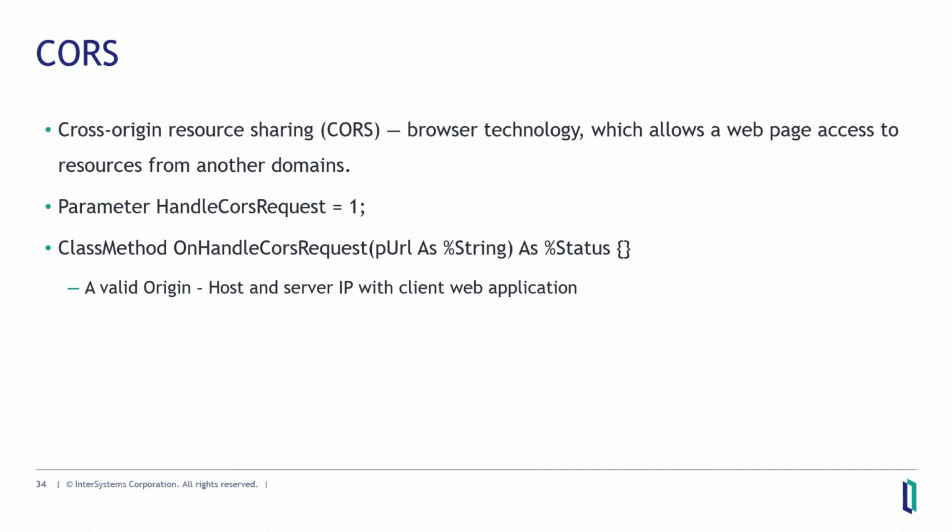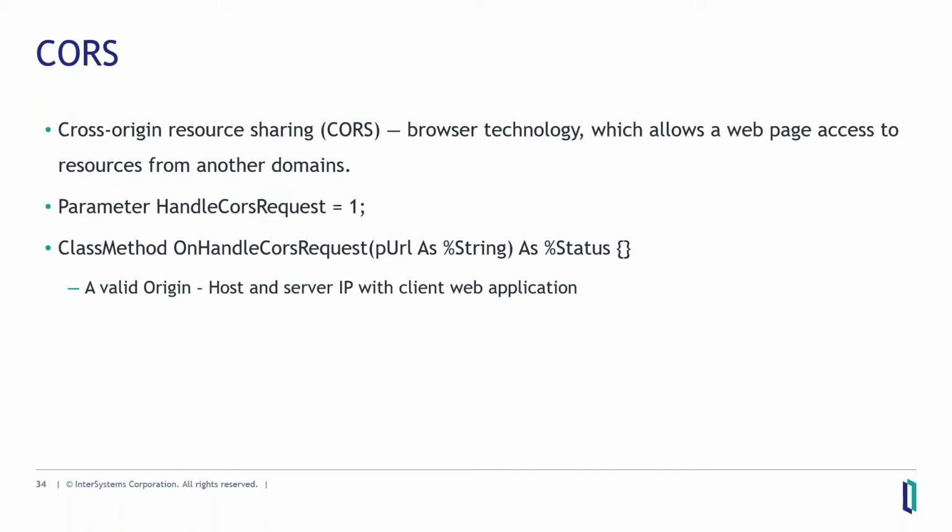For example, you have a REST API on one server and you have your client hosted on another server. Then in your OnHandleCorsRequest, you write that if the request came from the client server, then it's fine. In all other cases, it's not fine, and the request shouldn't be satisfied.